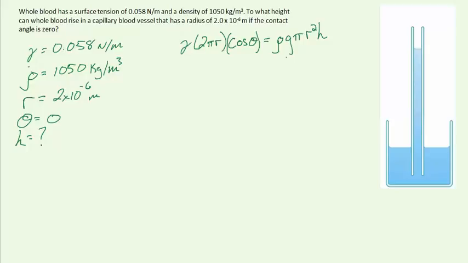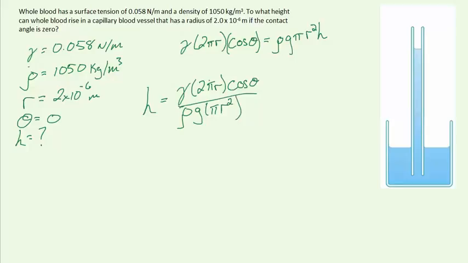Since we're trying to solve for our height, we can rearrange the equation to get h by itself. And when we do so, we'll get the equation where h equals gamma multiplied by 2 pi r times cosine of theta divided by the density of our fluid times gravity multiplied by pi r squared.